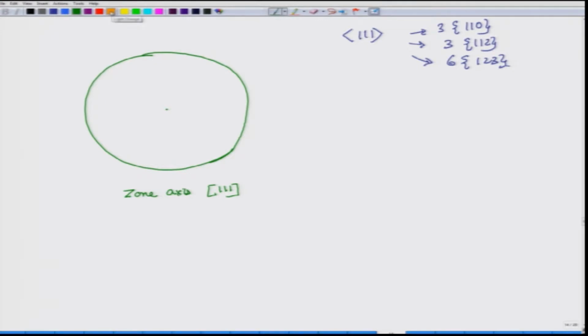First I will draw what is well known, the 110 and 112 planes, and they come out like this. For our benefit, it turns out that they are all oriented at 30 degrees to each other, so it makes our job a lot easier.